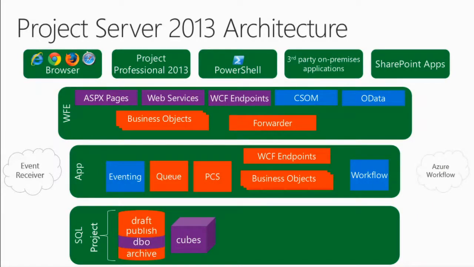One draft, one published, one for reporting, and one for archive. There are some good reasons why we did that, but there were also some shortcomings. In particular, it was really hard to do point-in-time restore. It was nearly impossible with that set of four DBs, because the data between those four DBs is heavily coupled, and you can't get a consistent timestamp of when something goes down.